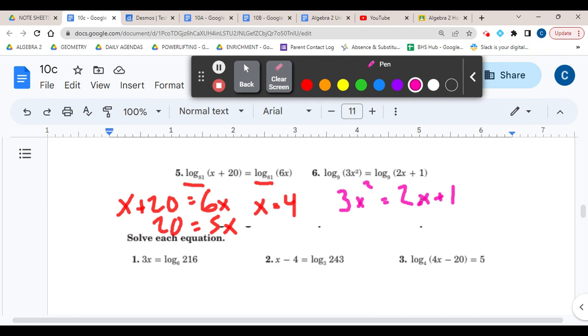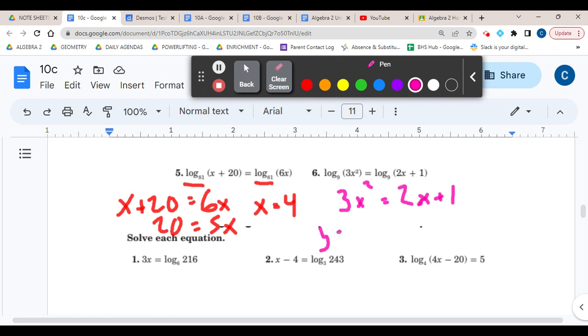This becomes a quadratic equation, so the way to solve it is to set it equal to 0, and then we could either factor it, use the quadratic formula, or even graph it. The easiest way to do it is graph it.